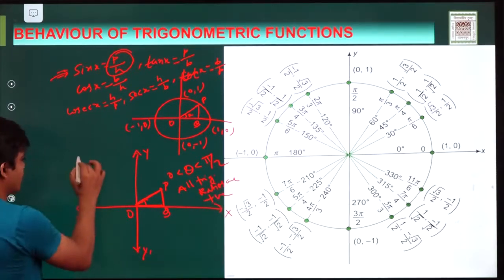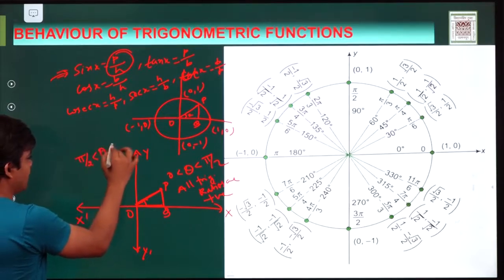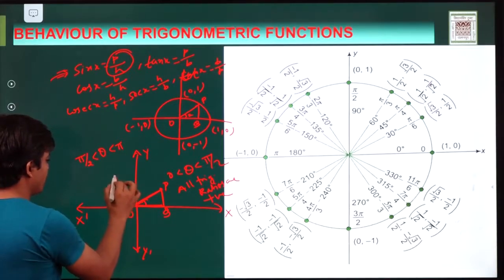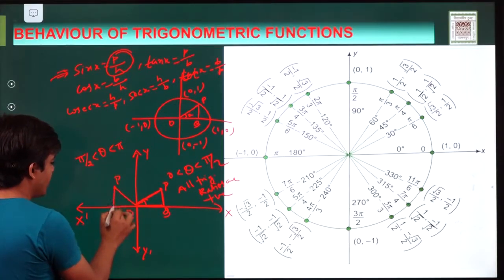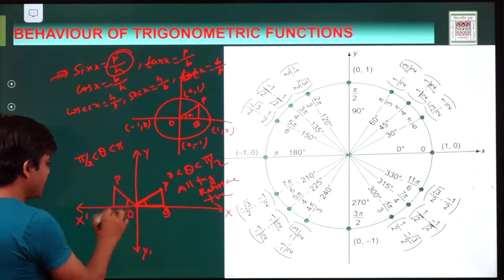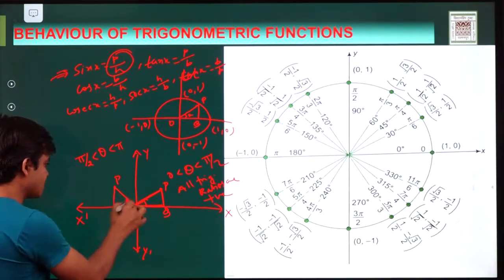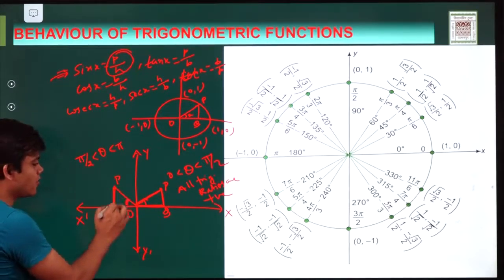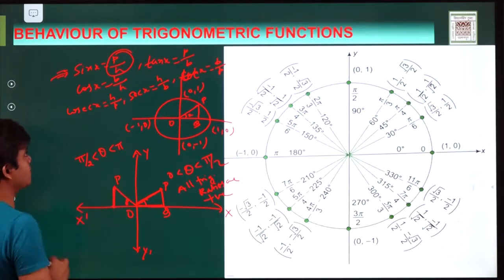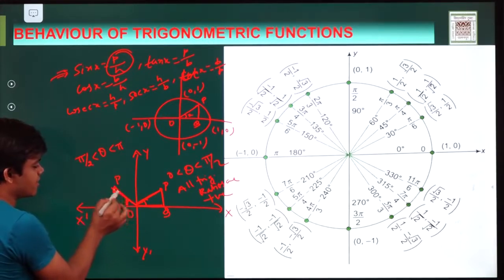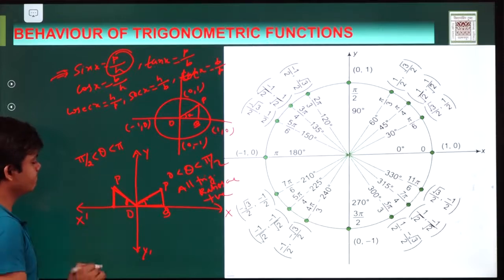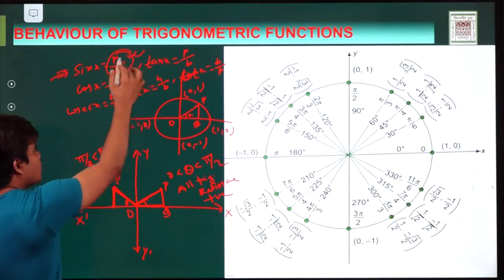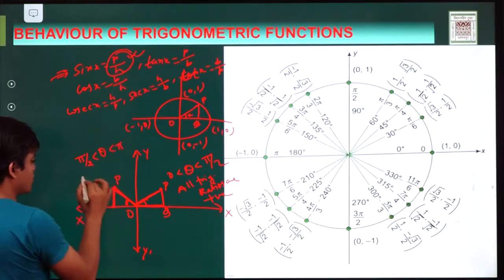And from the second quadrant, meaning when your theta lies between pi by 2 to pi, if your point is over here and this is the angle, then you can see this perpendicular is along the positive y-axis. Therefore, P is positive, and hypotenuse is certainly a distance, so this will not have any problem. So from here we can see sin x is positive because P is positive, H is positive.